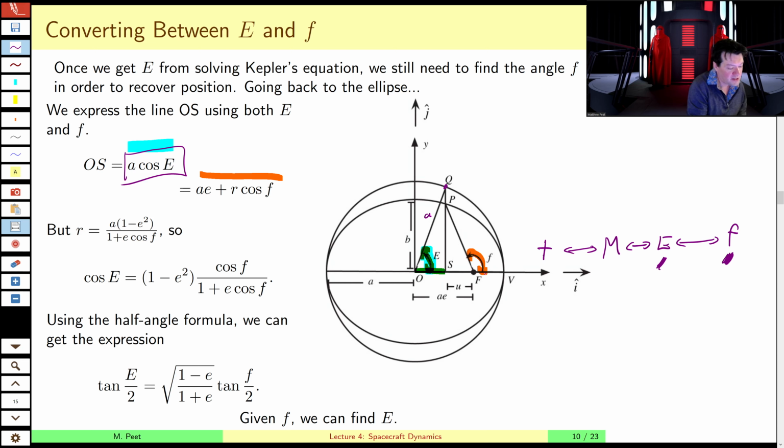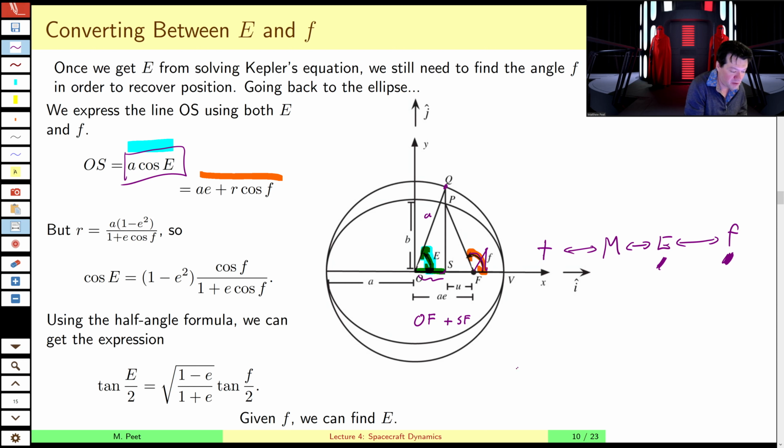In terms of true anomaly, it's a little bit more complicated, so we have to do a two-step process. Basically, this length is OF plus, and this is a little counterintuitive, SF. Why plus SF? What you get from cosine F is in this direction, and it will be negative for angles larger than 90 degrees.